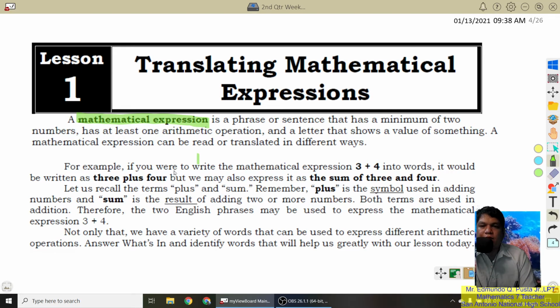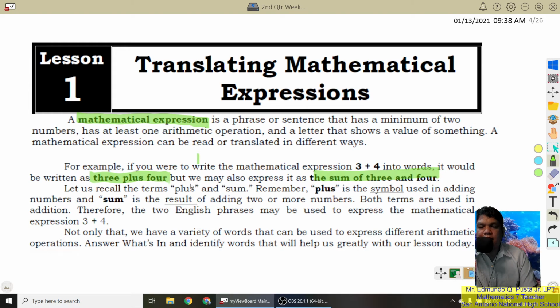For example, if you were to write the mathematical expression 3 plus 4 into words, it would be written as 3 plus 4. But we may also express it as the sum of 3 and 4. So we can say 3 plus 4 simply, or the sum of 3 and 4.